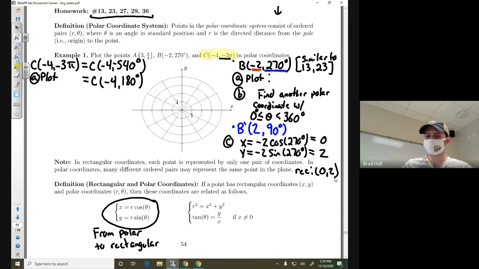But as far as if these points are the same, I don't know how that works. Well, it'll land on the same spot on the graph. It lands on the same spot, but also 180 degrees and 540 degrees are not the same angle, but the terminal positions land graphically on the same spot.